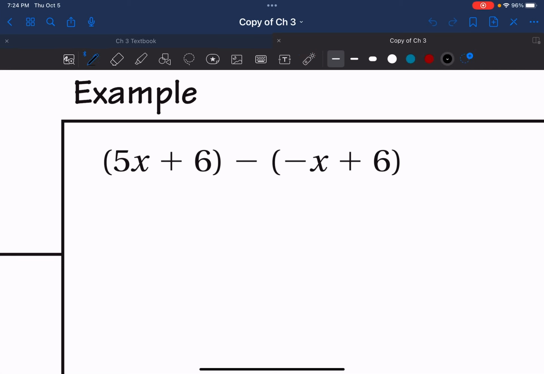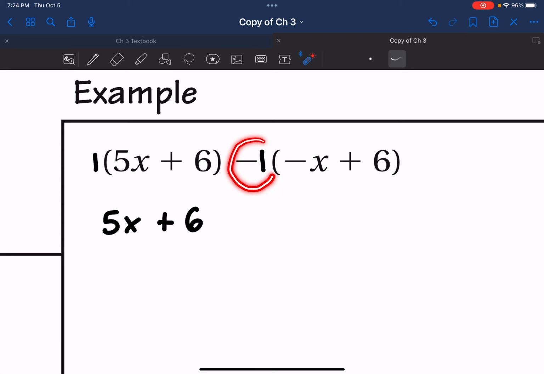Now, if there was a 1 outside this parenthesis, it wouldn't make a difference because 1 times 5x is still just 5x. 1 times 6 is still just 6. But now here's where things get interesting. If I put a 1 right here, I want you to notice that that's not a 1. That's a negative 1. And when you multiply things by -1, it changes every term's sign.